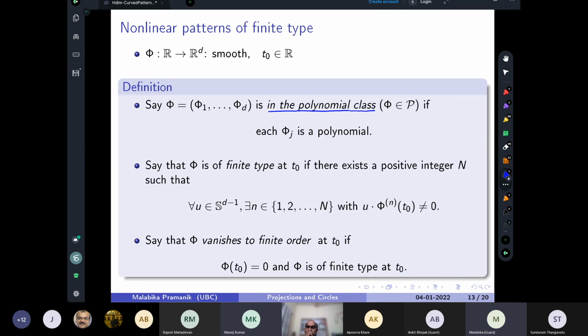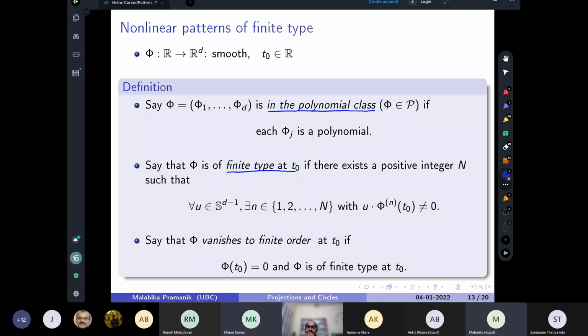Second, we are going to say that phi is of finite type at a point t naught if there exists a positive integer capital N such that given any direction u in d-dimensional Euclidean space, one can find a little n between 1 and capital N such that the nth order derivative of phi at t naught when projected in the direction of u is non-zero.